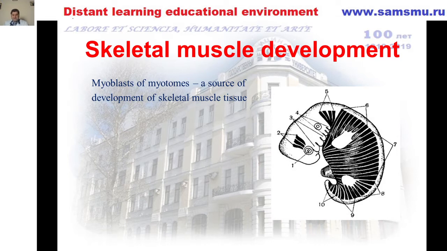Moreover, muscle development is closely related to the development of the nervous system. Branches of the spinal nerve formed at the same segmental level grow into each myotome. The initially developing muscular system has a pronounced metameric structure. Gradually, the features of metamerism are erased.